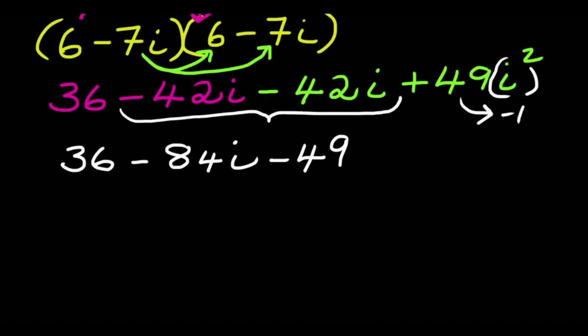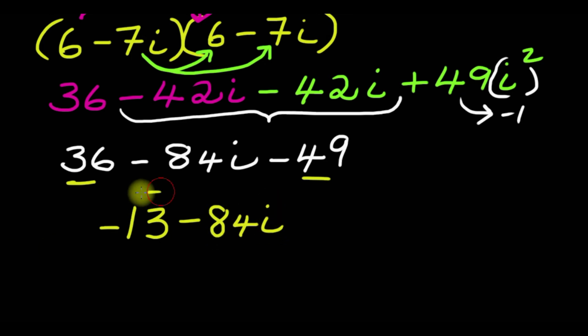Okay, and then you combine the real with the real number. So 36 goes with negative 49. That's going to give you negative 13. And then bring down the 84i. Okay, so this is your final answer. And that's how you square a complex number.